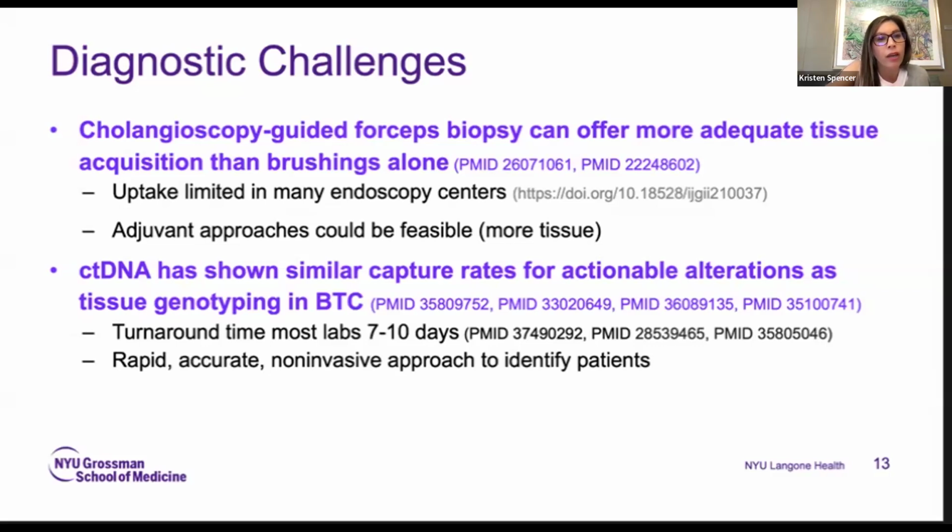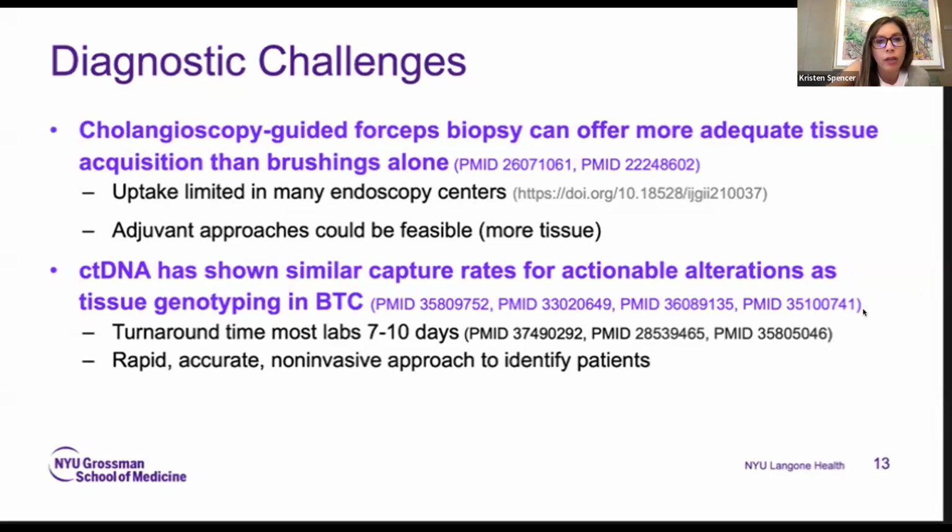However, I'd also like to argue that if we were to take an adjuvant approach in these cancers, perhaps this is more feasible as we have more tissue. Also, ctDNA has already been shown to have similar capture rates for many of our actionable alterations as tissue genotyping in biliary tract cancers, and I've cited many of these studies for you here.